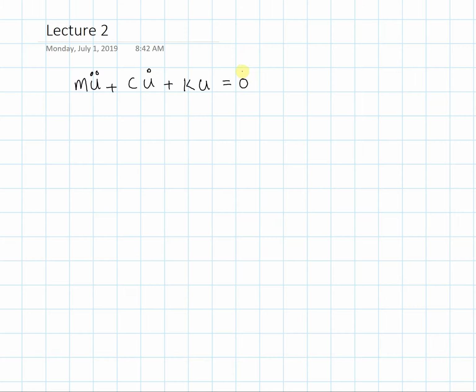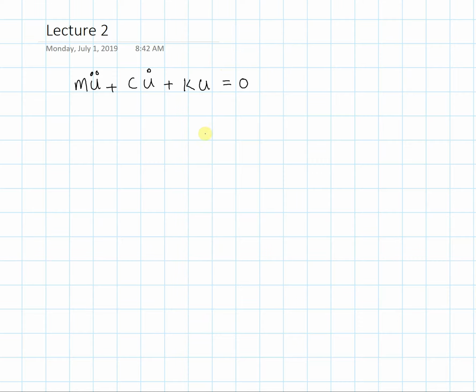Another reason why this lecture is called free response has to do with the fact that we're not imposing any kind of excitation or any kind of forces on our structural systems. We're merely dealing with initial conditions that involve initial velocities and displacements.